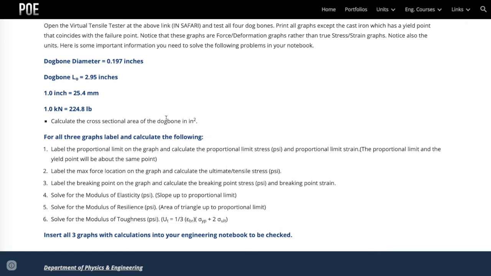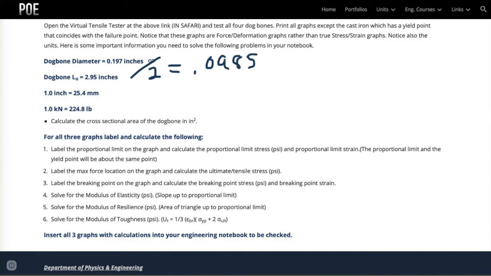So before we even get going on the test, let's go ahead and do that math right now. We have the diameter of 0.197 inches. We divide that by 2, and we get a radius of 0.0985 inches.